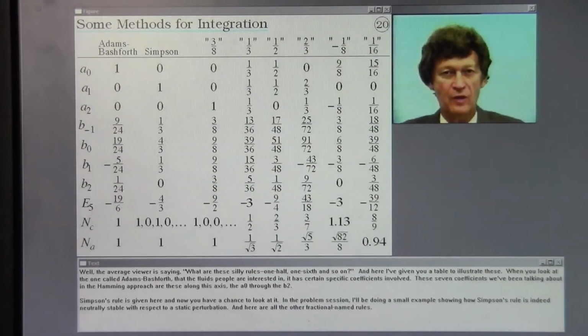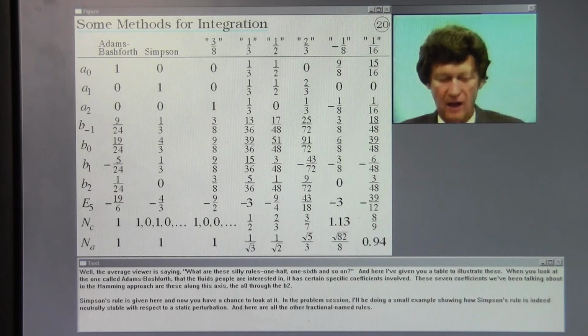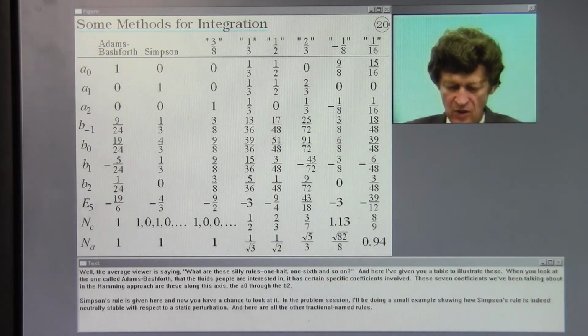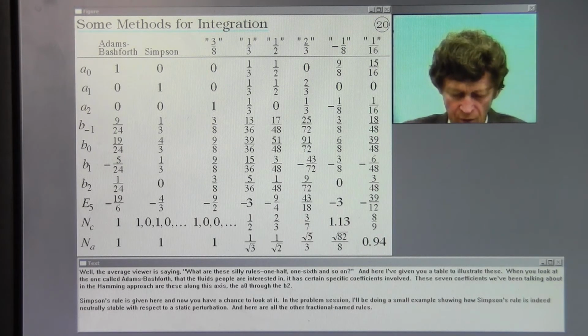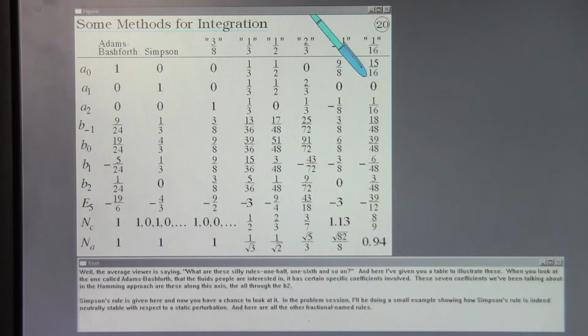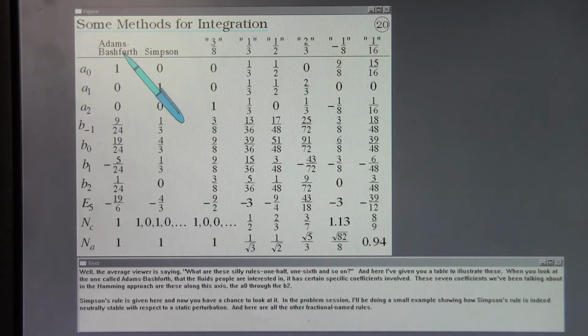Well, the average viewer is saying, well, what are these silly rules, 1/2, 1/6, and so on? And here I've given you a table to illustrate these. When you look at the one called Adams-Bashforth that the fluids people are interested in, it has certain specific coefficients involved. The 7 coefficients we were talking about in the Hamming approach are these along this axis, the A0s through the B2.